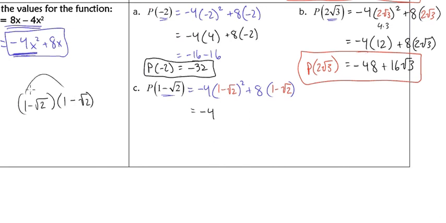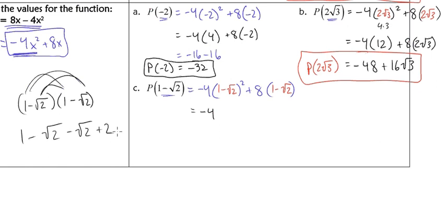From here, multiply out. So we have 1 times 1 is 1, minus 1 times the square root of 2, so minus the square root of 2. And negative square root of 2 times 1, that's minus the square root of 2 again. And then negative square root of 2 times negative square root of 2, that's going to be positive 2.